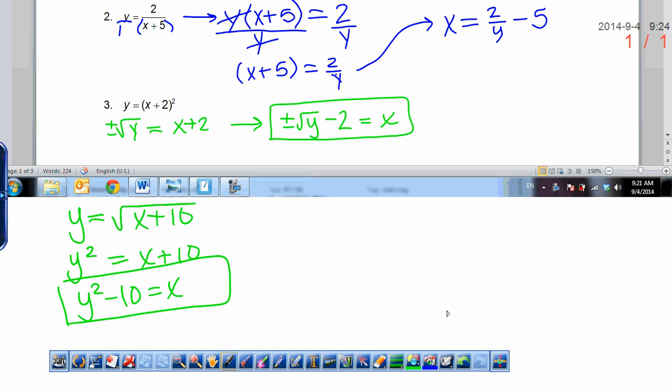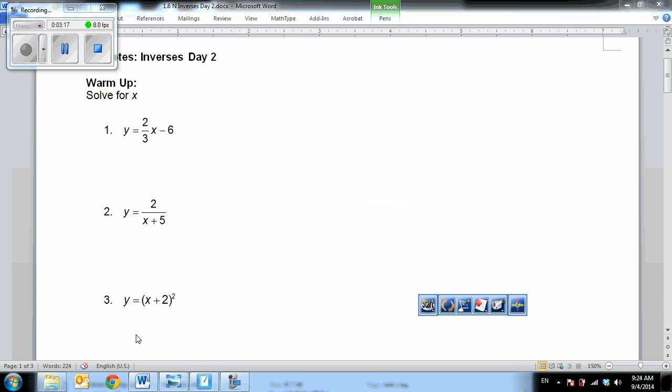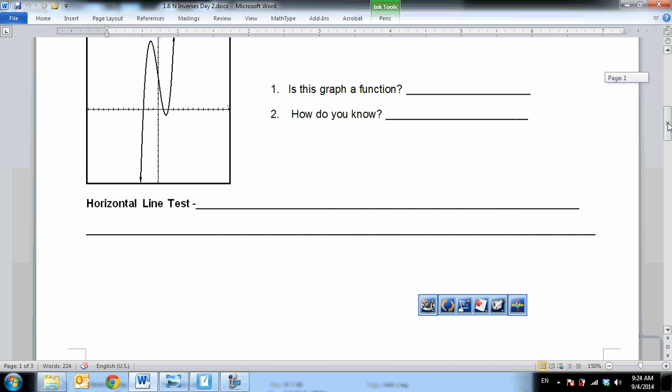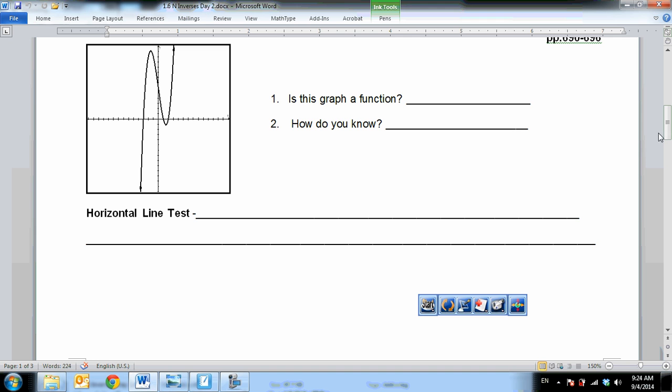Okay, so today we're going to talk a little bit more about inverses. Okay, so look at that graph on your paper. Gotta keep going. Sorry. I can give you a copy of it later. Okay, look at this graph. Is this graph a function?